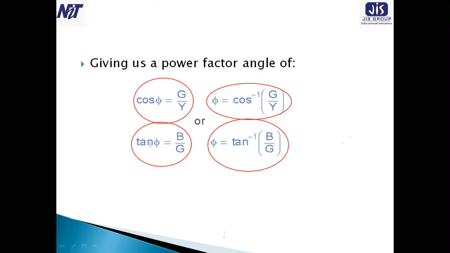If you follow the phasor diagram, you will find tan phi equals B by G, so phi equals tan inverse B by G, and cos phi equals G by Y, that means phi equals cos inverse G by Y. The power factor angle also we can find using the same concept.